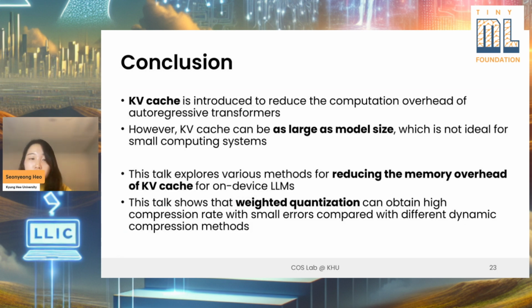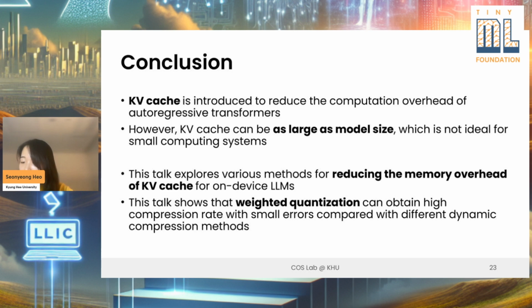So in conclusion, the KV cache is introduced to reduce the computational overhead of auto-regressive transformers. However, the KV cache can be as large as the model size, which is not ideal for small computing systems with limited memory size.